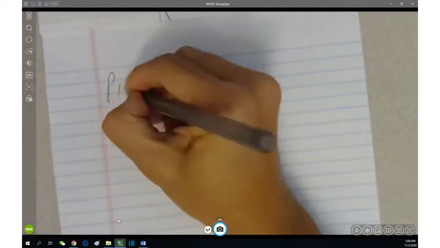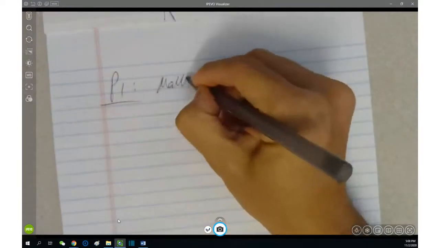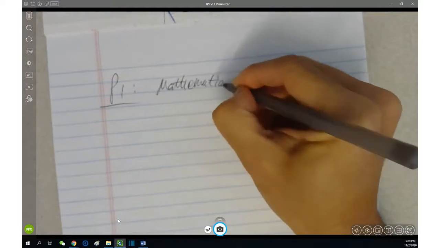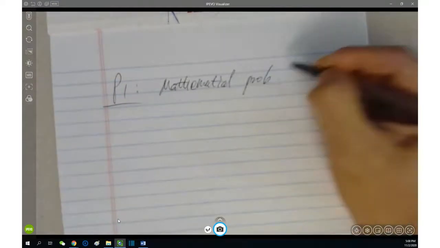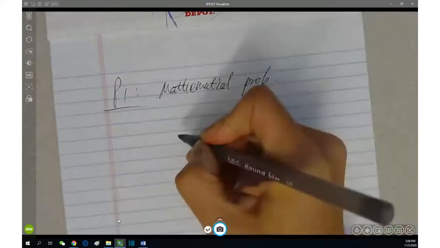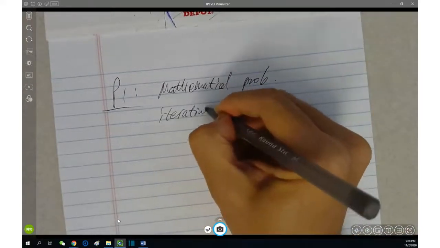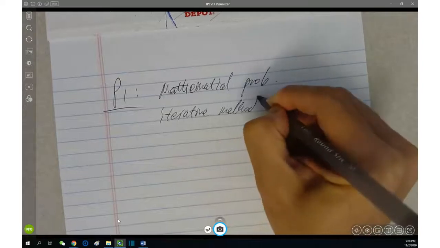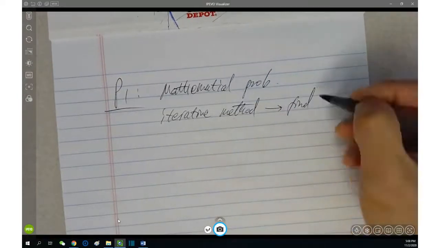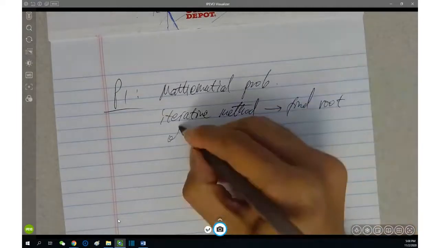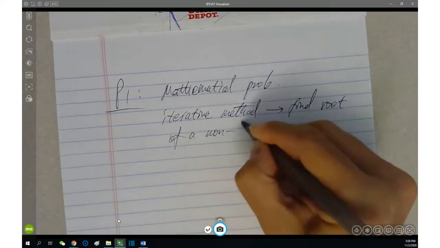So problem 1 is going to be a mathematical problem. What is it? Iterative method. Find the root of a nonlinear equation.